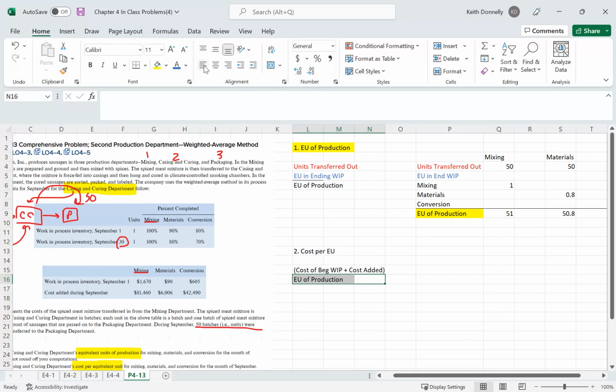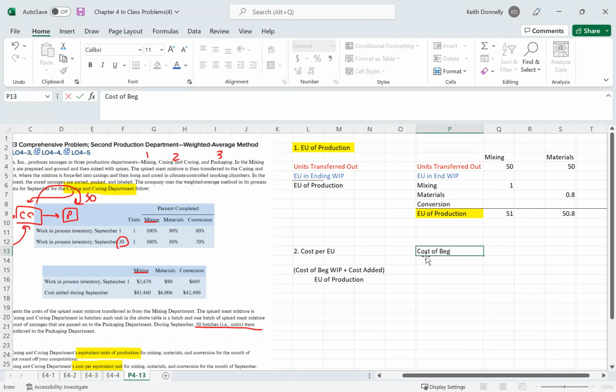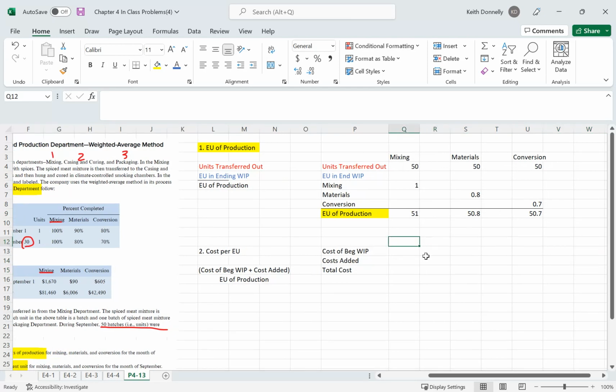So let me merge and center this. So in this way, we got to do our costs of our beginning WIP plus our costs added during the period is going to be our total costs. And we have to do that with regard to mixing, materials, and conversion costs.